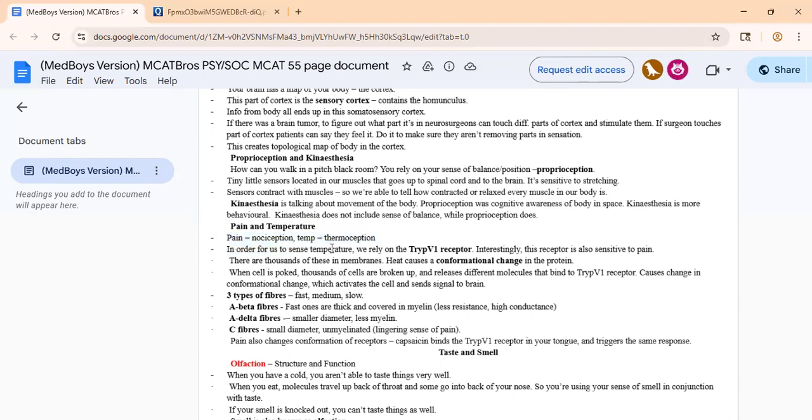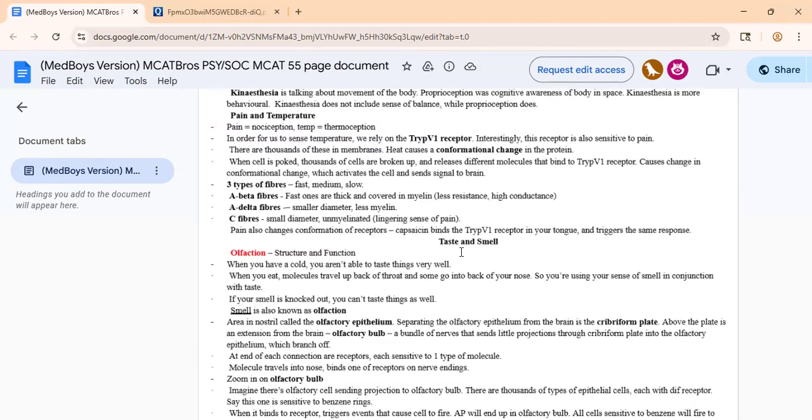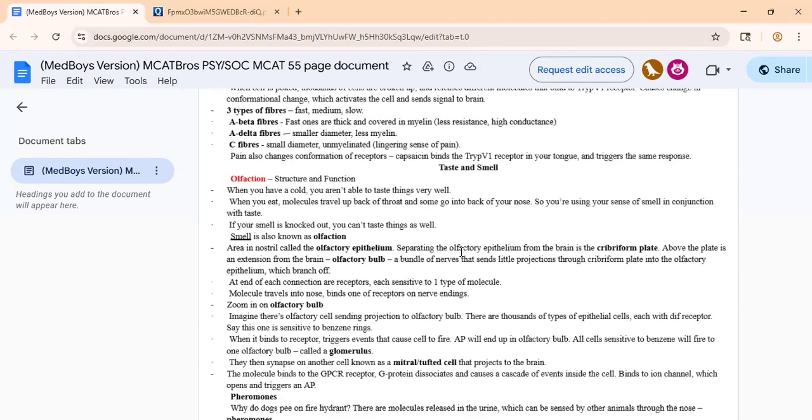And how we sense temperature is we rely on the TRPV1 receptor. There's three types of fibers. This is how I view these actually. Kind of funny. So think of A, right? A beta. If you're an A B student, you're always in your A game, right? So you have fast, thick, covered myelin.